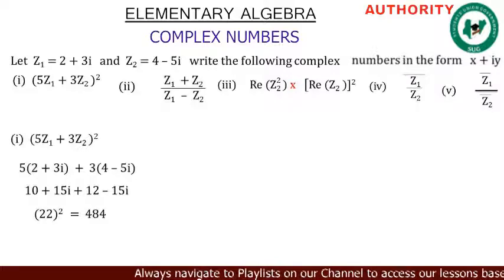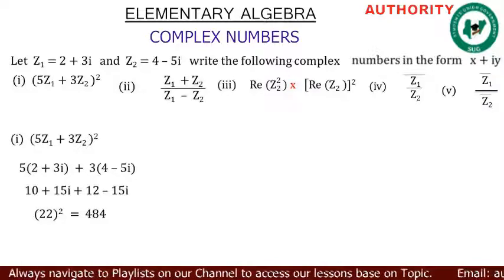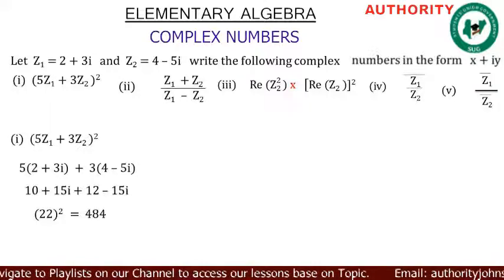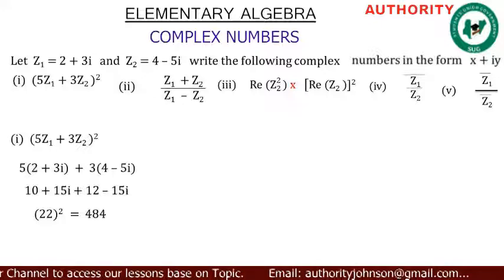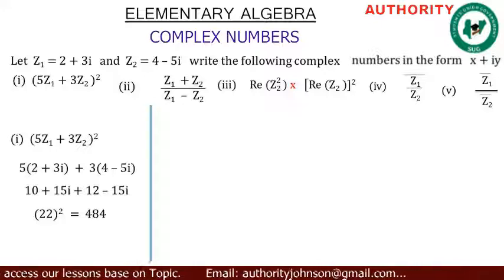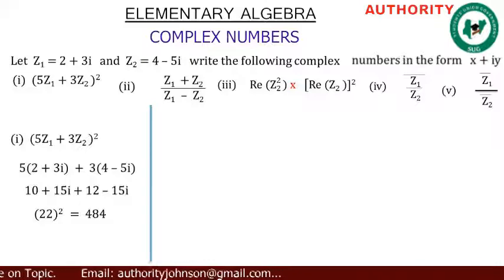But you discover that we have 5z1 plus 3z2 all in bracket raised to power 2. So we have found the content in the bracket. Now let's square it. 22 squared is equal to 484. Now let's take number 2.